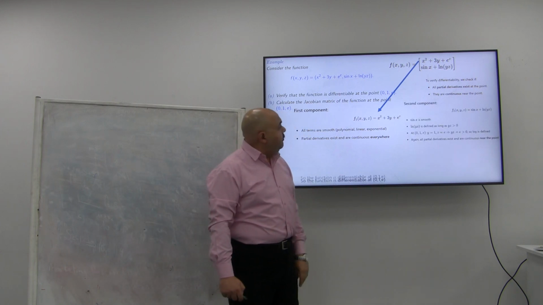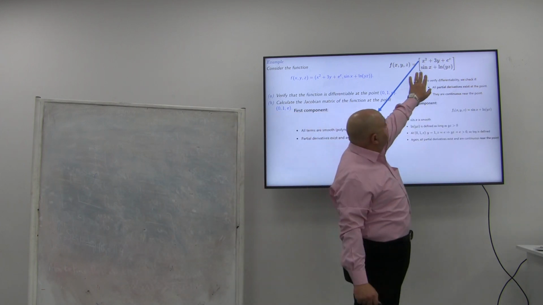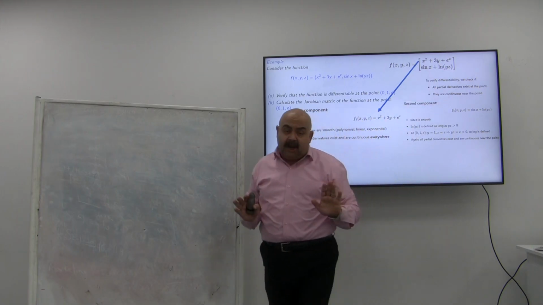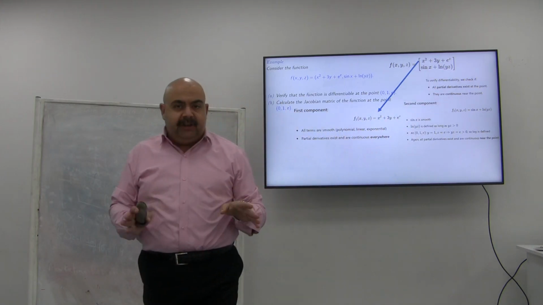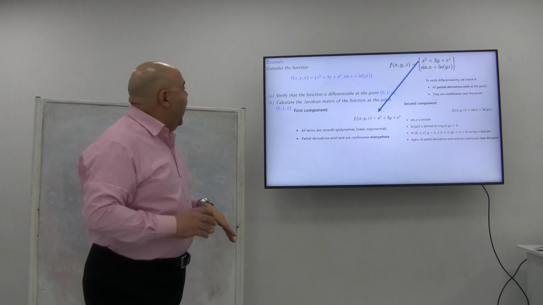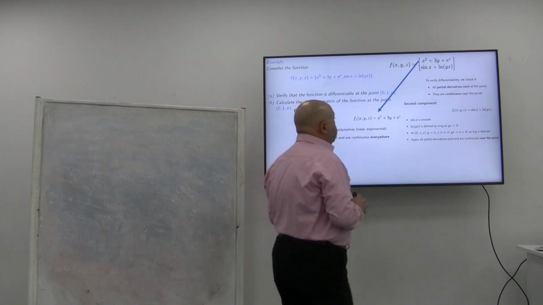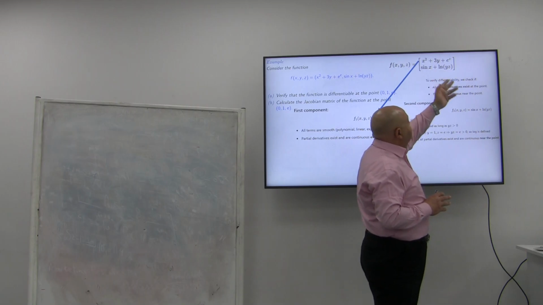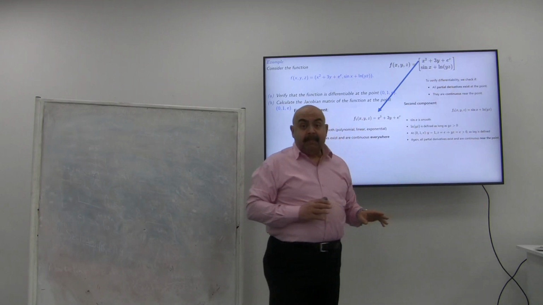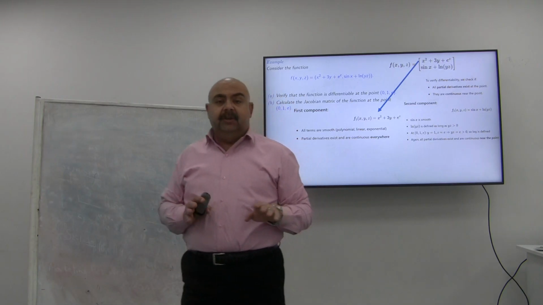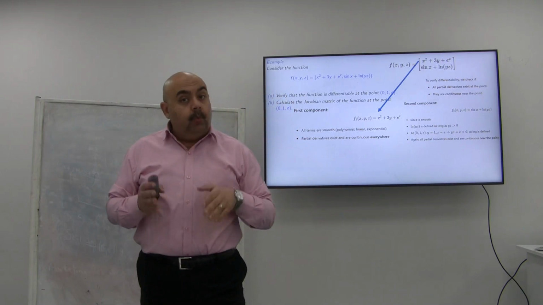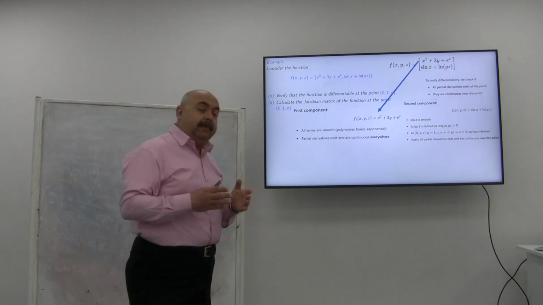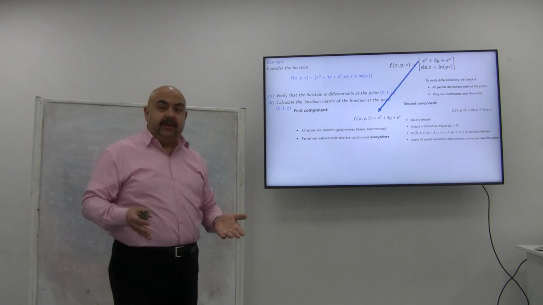In a similar manner for the second function, you have sine of x, where you have no complications whatsoever with trigonometric functions. And we have the other function, which is a logarithmic function of y times z. So all I have to check is that y times z at this point has no problem with the logarithmic function, that is, it is greater than 0.